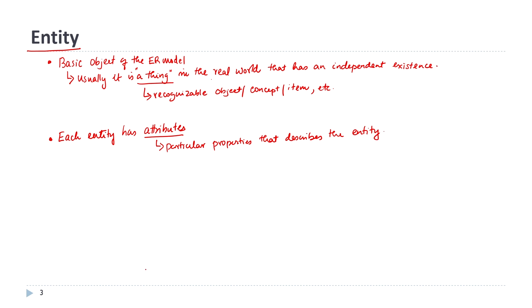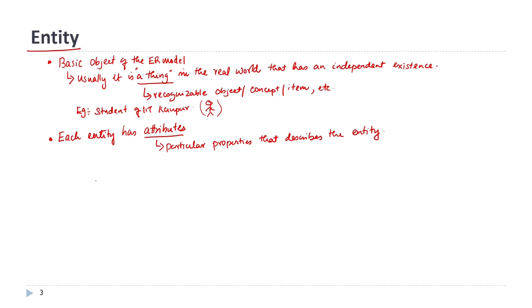So, for an example, let us take as an entity a student of IIT Kanpur. Okay. So, that student can be male or female, and you can point to a particular student. Okay. So, there is a physical existence. So, it is a thing in the real world, it has an independent existence of its own.